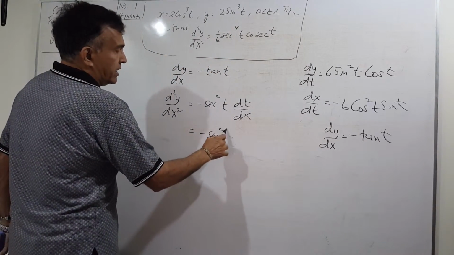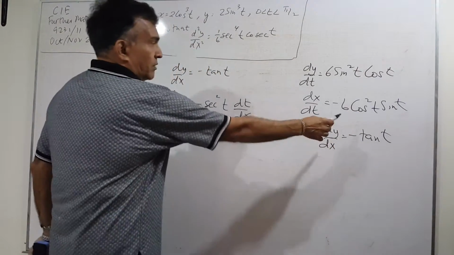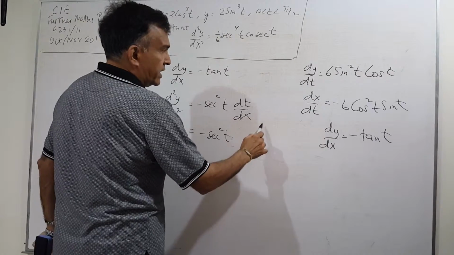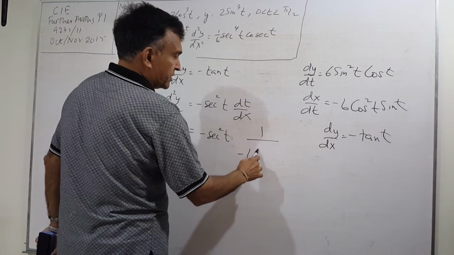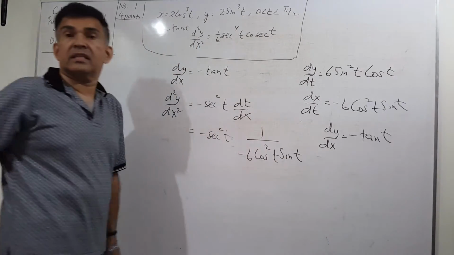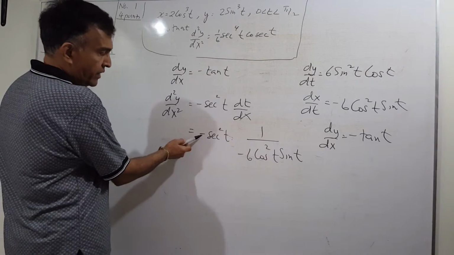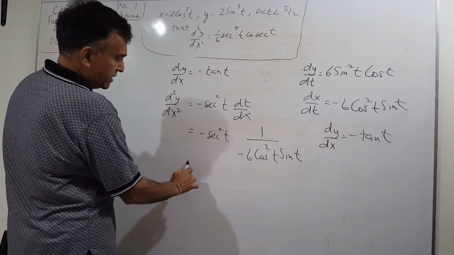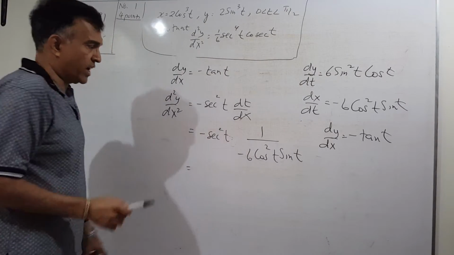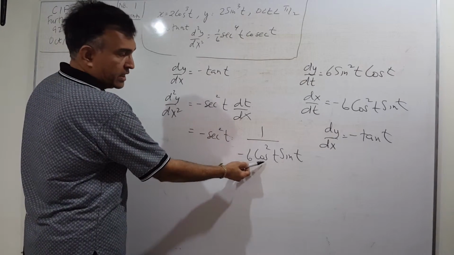Now let's continue. We have minus secant squared t. What is dt dx? We have it here: 1 over negative 6 cos squared t sine t. I have a negative here and a negative here, so that disappears. Then I have a secant squared t and a cos squared t at the bottom.